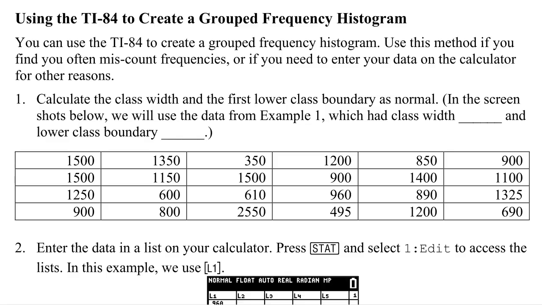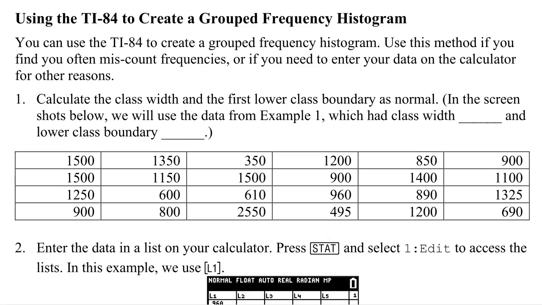Now, the calculator by default will pick the number of classes and pick the class width and pick the class boundaries. And chances are good it's not going to pick the exact ones you want. So part of this process is to tell the calculator what class width and boundaries you want.